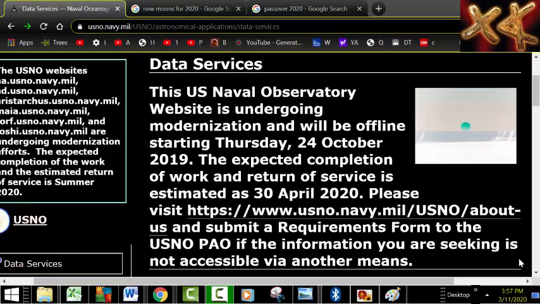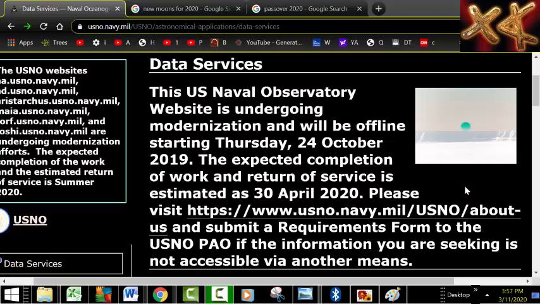But as you can see here, we're looking at our source that we usually go with, the U.S. Naval Observatory, looking at their data services. Appears that they have shut down the website, at least for a little while, until April the 30th of 2020.